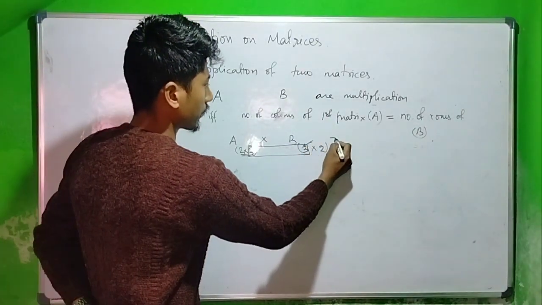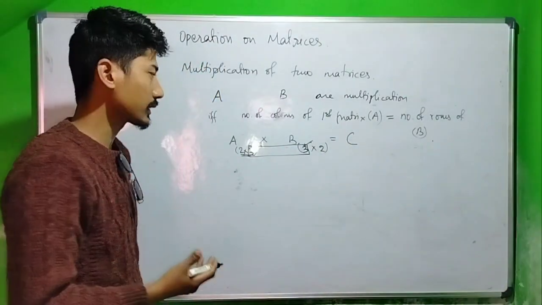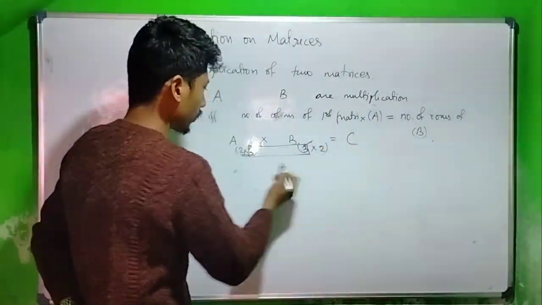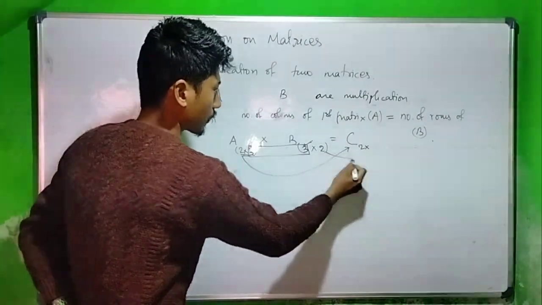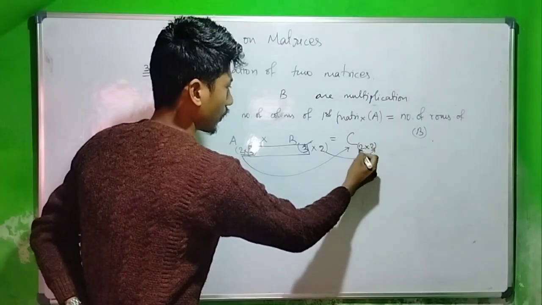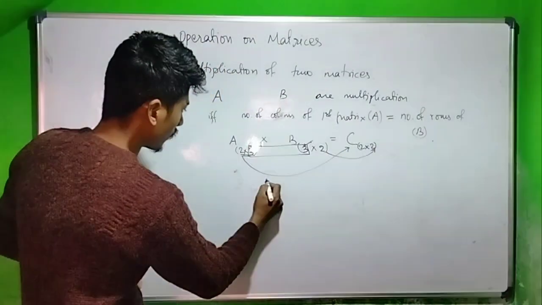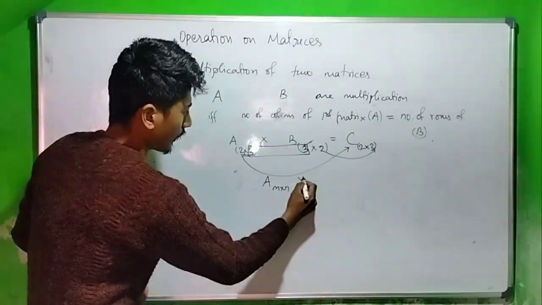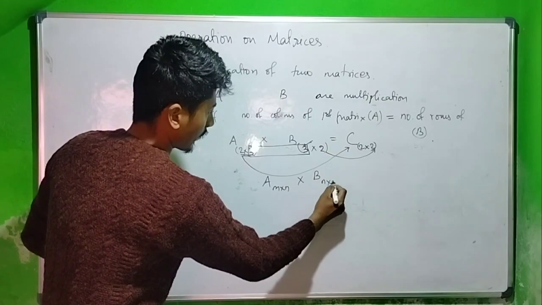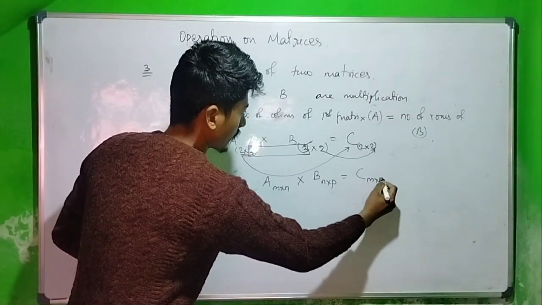The resultant matrix, the product of these two matrices, will have order equal to the number of rows of the first matrix by the number of columns of the second matrix. So the order will be 2 by 2. In general, if A has order m by n and B has order n by p, then C will be of order m by p.